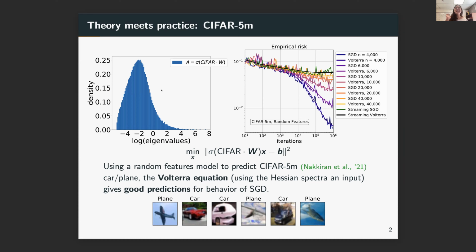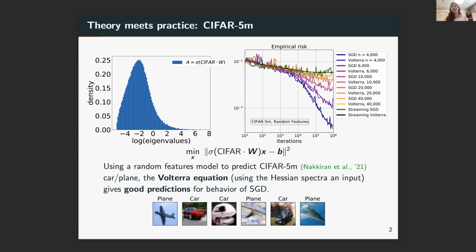Well, I can't do it without some information. So here I'm going to assume things like access to the spectrum of the Hessian, the targets and the initialization. On this picture on the right, this is on a real data set, CIFAR, so these are images, classification of images.